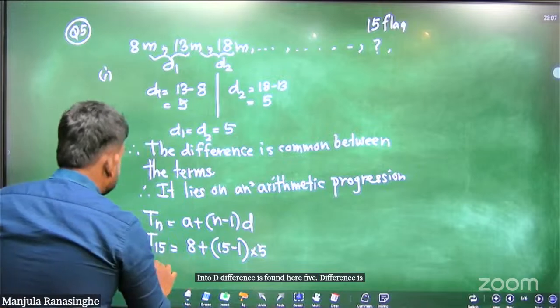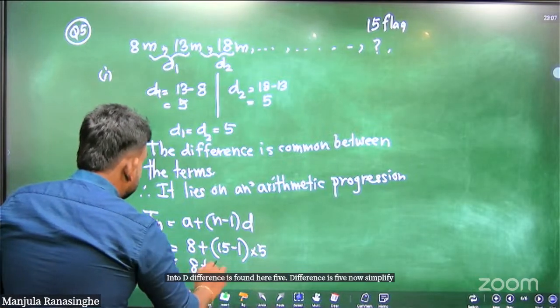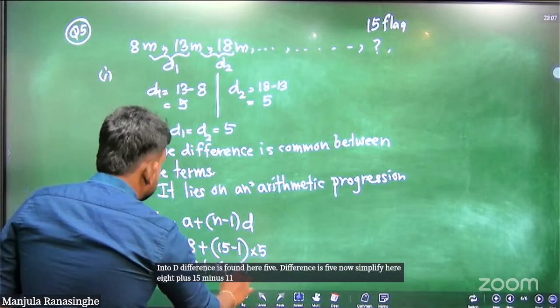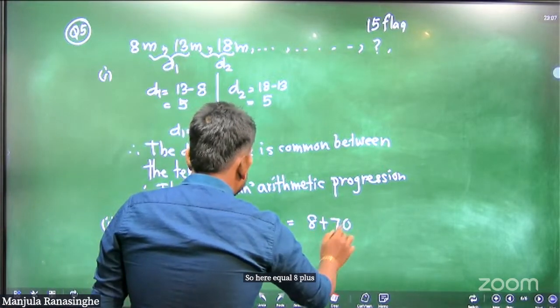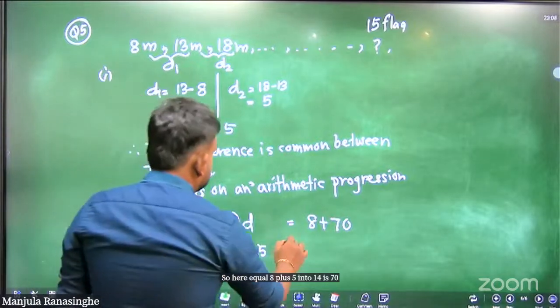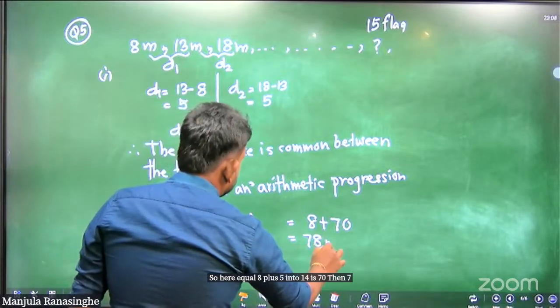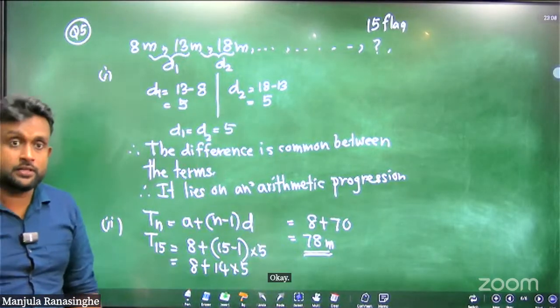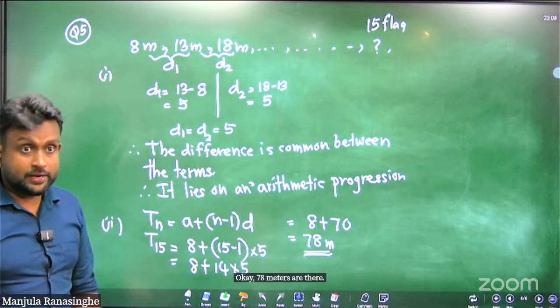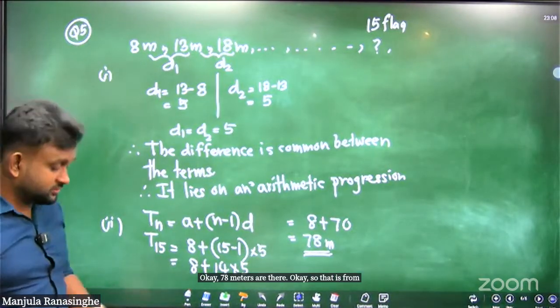Now simplify: 8 plus 14 into 5, that is 8 plus 70. Then 78 meters. So that is 78 meters from the stage.